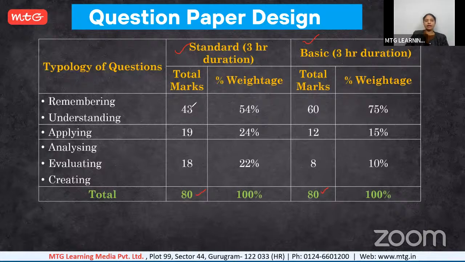In this, remembering and understanding the concepts will give you a maximum of 54% score for standard, whereas 75% for basic. Simultaneously, if you apply the concepts you learn to simple problem solving, you get a 24% score in standard and 15% in basic. Then there are competency-based questions like analysis, evaluation, creating, proving.